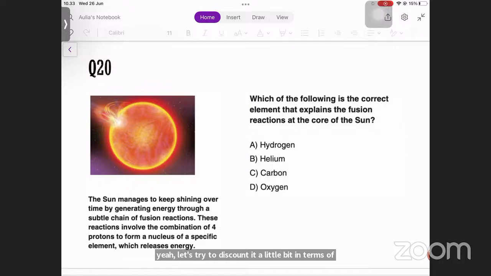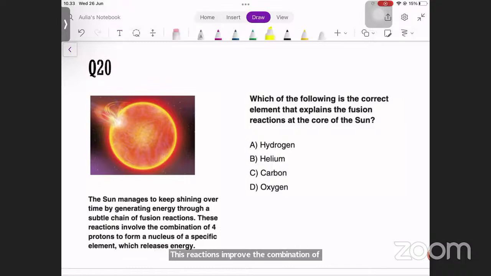The sun manages to keep shining over time by generating energy through a subtle chain of fusion reaction. These reactions involve the combination of four protons to form a nucleus of a specific element which releases energy. Okay, yes, thank you. It's quite vast. I believe you have learned about it in physics, isn't it?